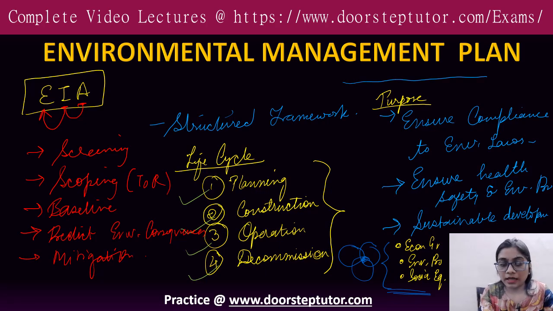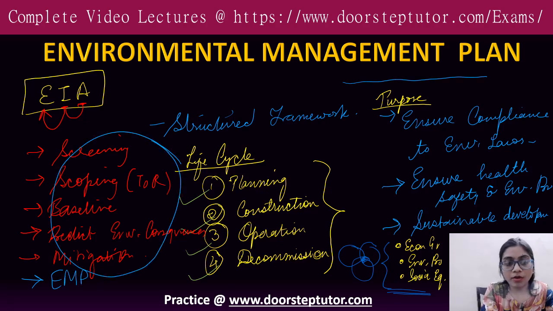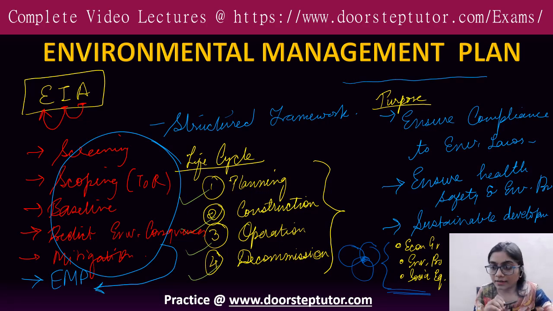And then comes your EMP. So EMP makes sure that the features of all these are accommodated in this particular document. How exactly you have to carry on the project is made sure by this particular framework.